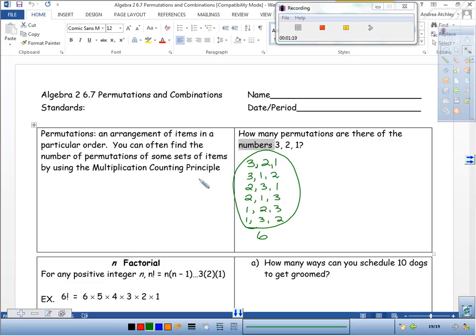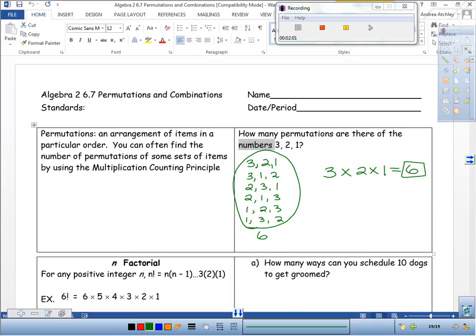That's going to be hard to list out all the possible ways I can order them. So we can just do 3 times 2 times 1, and that gives me 6. And that will work with any amount of things I want to arrange if you just multiply them all together.